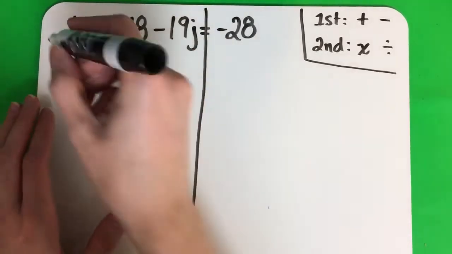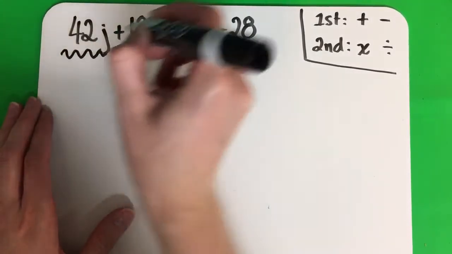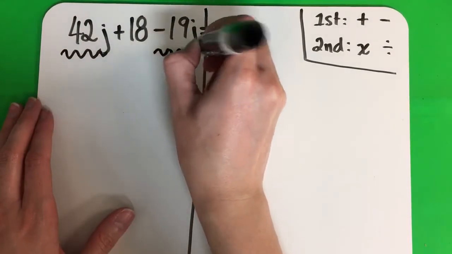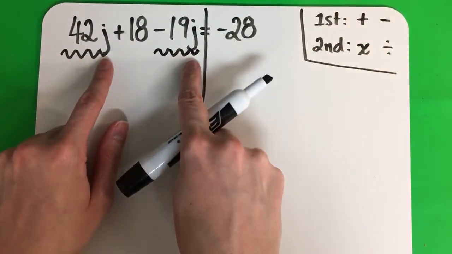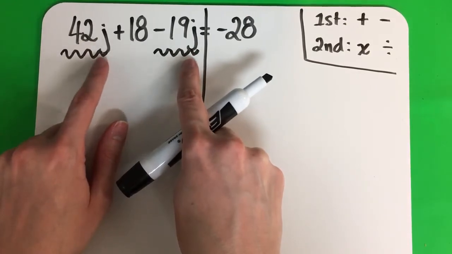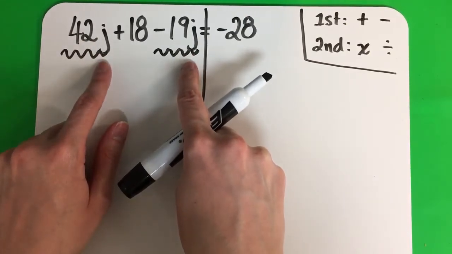So, these are like terms. Están similares. If they have the same letter, you can put them in the calculator. Si los números tienen la misma letra, puede poner en la calculadora.